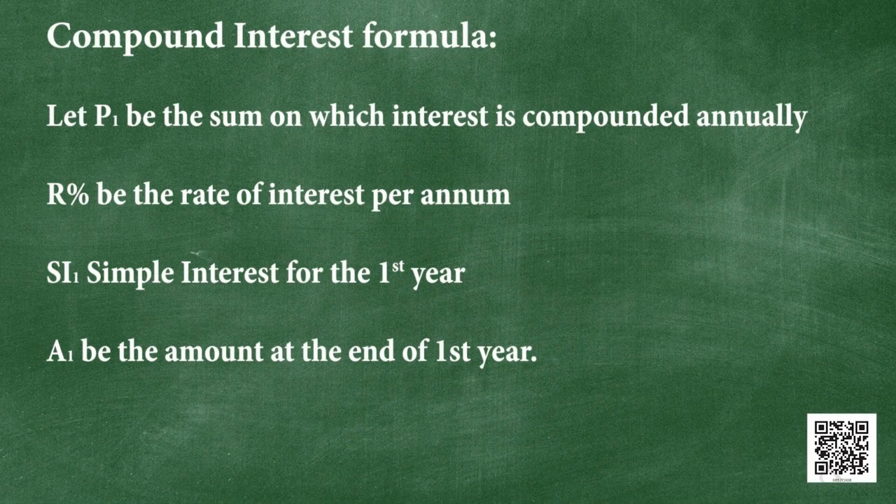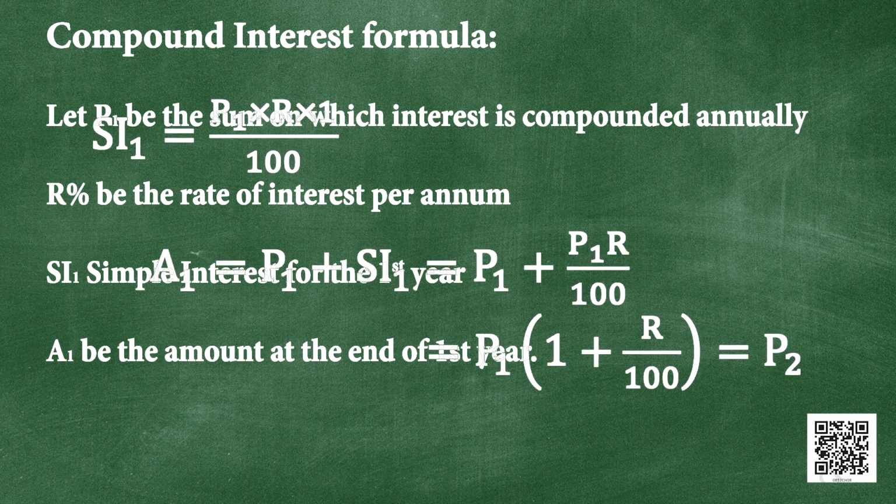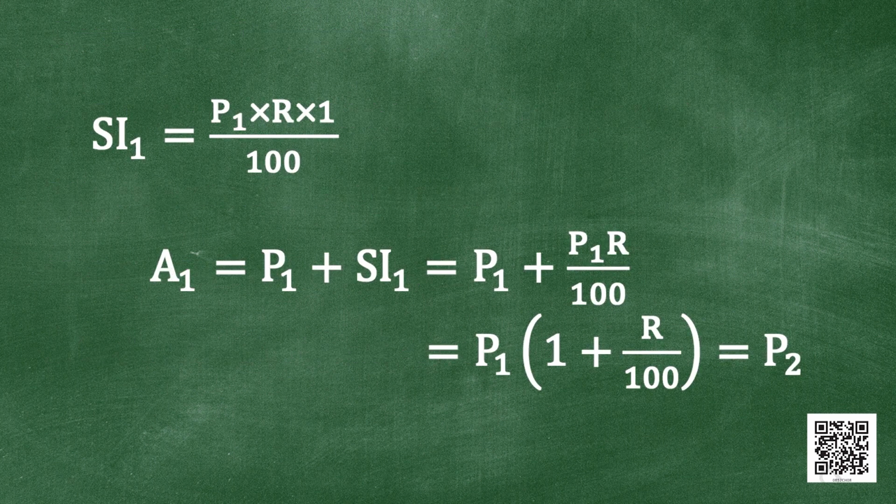Let P1 be the sum on which interest is compounded annually at a rate of R% per annum. Let SI1 be the simple interest for the first year and A1 be the amount at the end of the first year. By our formula, SI1 is equal to P1 multiplied by R multiplied by 1 divided by 100.